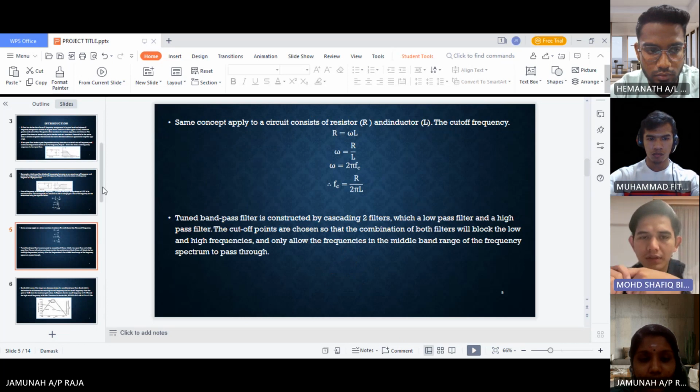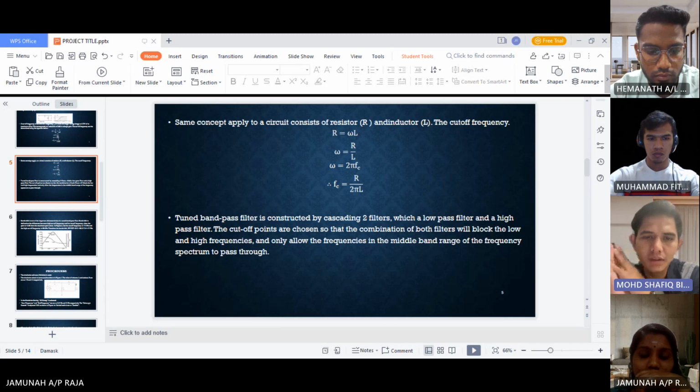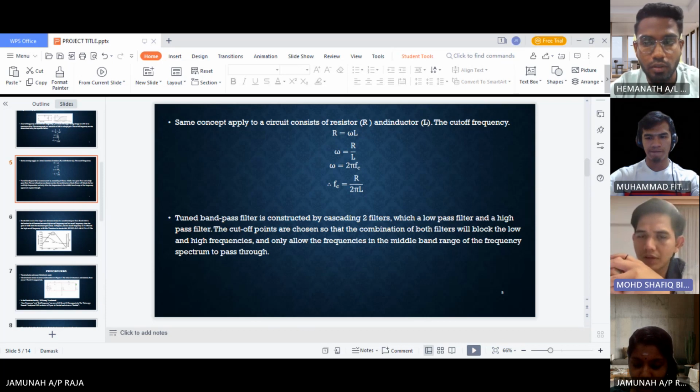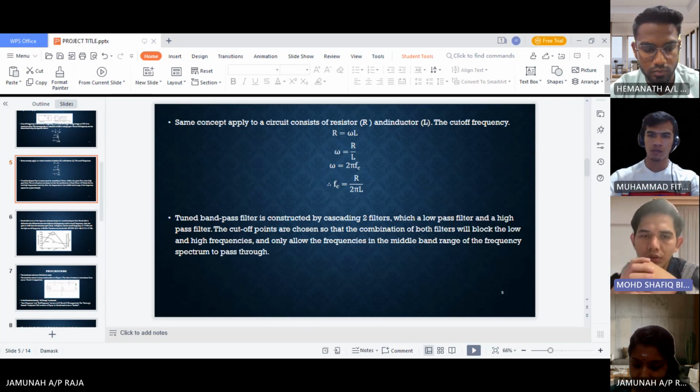Okay, so next we will go through the tune band pass filter. Actually, the tune band pass filter is constructed by cascading two filters, a low pass filter and a high pass filter. For you guys to understand easily, the tune band pass filter has two filters, the low and the high pass filter.